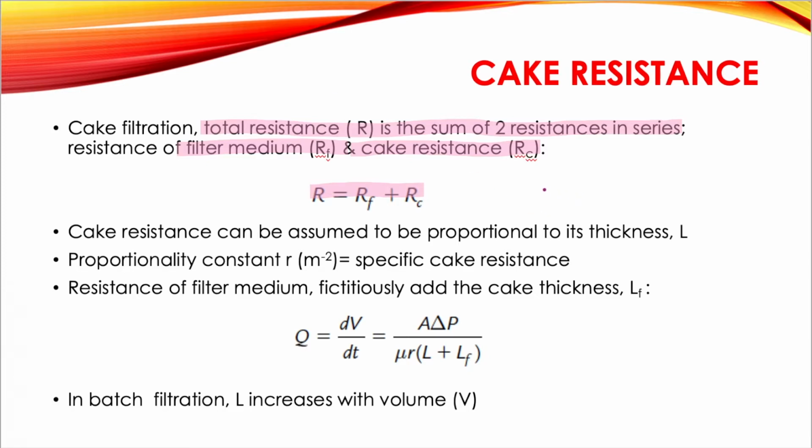This is the resistance created by the cake, and you have the initial resistance of the filter, RF. Cake resistance can be assumed to be proportional to its thickness, L. So this is the initial bit here. And the resistance of the filter medium is fictitiously taken as a cake thickness, LF. The proportionality constant R, in m to the power of minus 2, is the specific cake resistance.